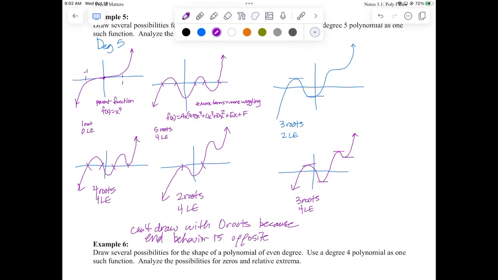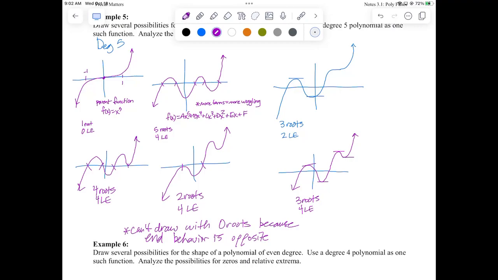But if it was even, it could have 0. Right, yeah. So an odd degree polynomial can have up to n x-intercepts and any combination down to 1, but it can't have 0 because of the way it comes in and goes out. It has to cross the x-axis at least once.